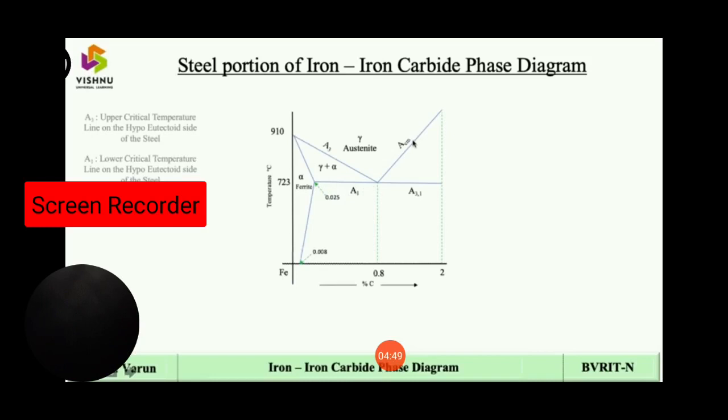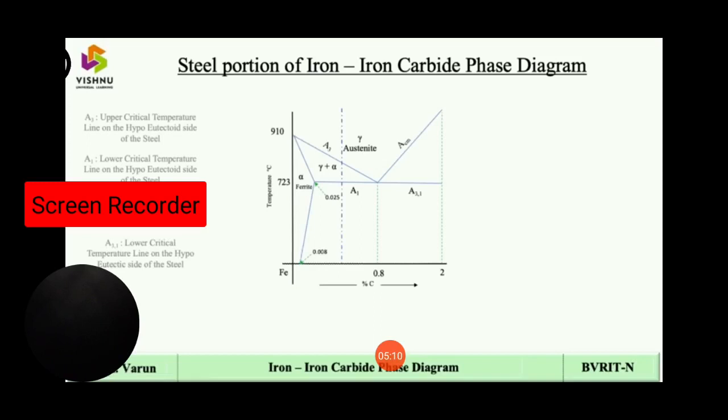ACM, similar to that, is the upper critical temperature line on the hypereutectoid side of the steel, and A3,1 is the lower critical temperature line on the hypereutectoid side of the steel. Sorry about this. This is the hypereutectoid side of the steel.